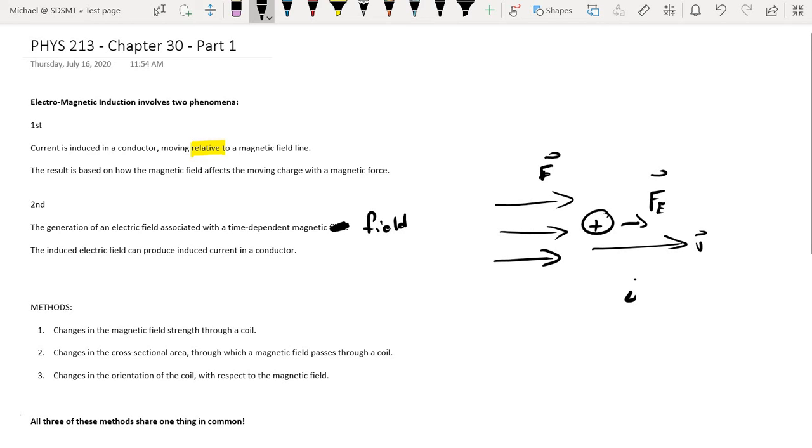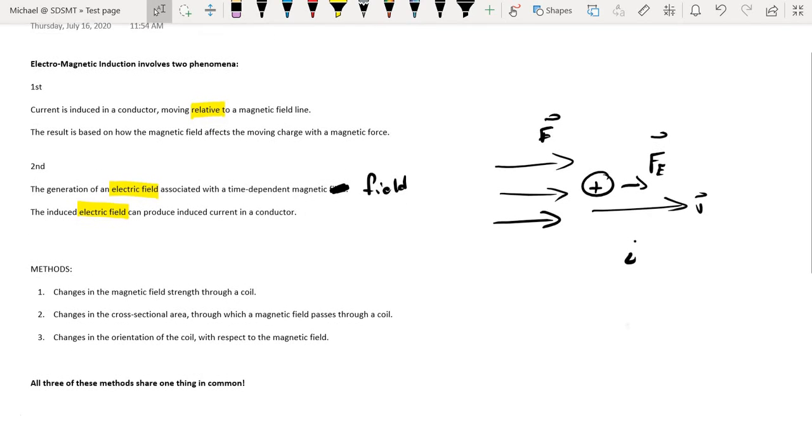But the trick is, how do we get this electric field to be generated, or how do we produce that electric field? Well, that's going to come from the magnetic phenomenon that we've been learning about these last two chapters.